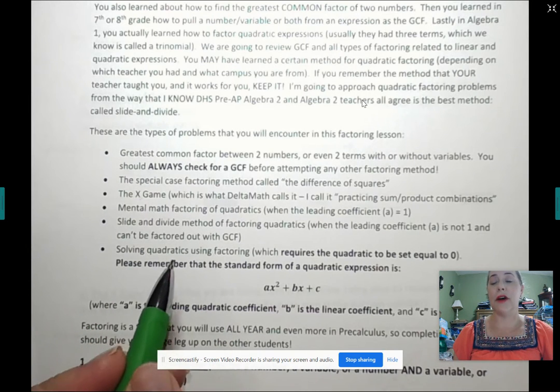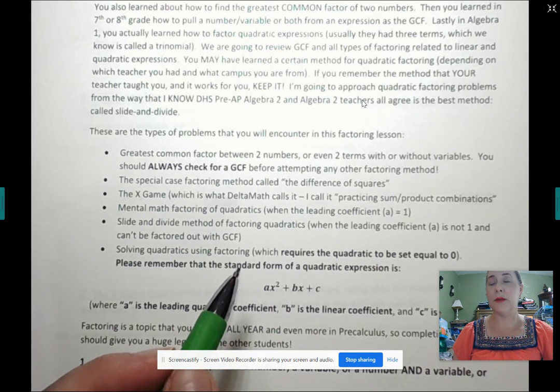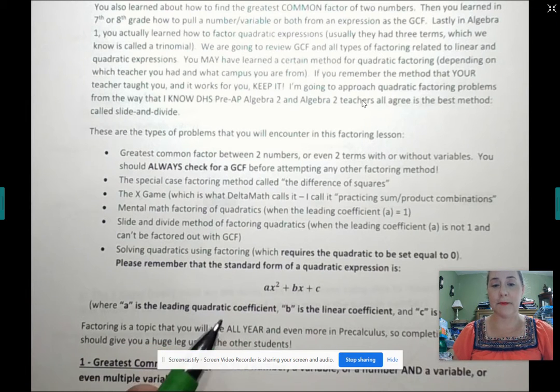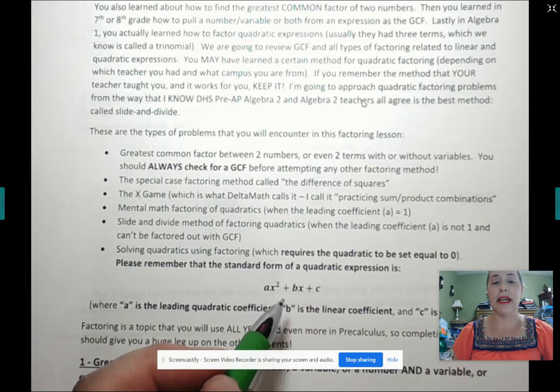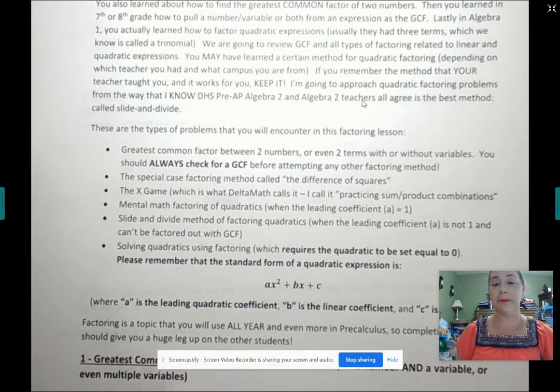We're also going to solve quadratics by factoring, because if we're practicing factoring, we might as well practice one of the ways to solve a quadratic, which is using factoring. In order to solve by factoring, either you're given a quadratic that's already factored, or it's in standard form and you have to factor it in order to solve it.